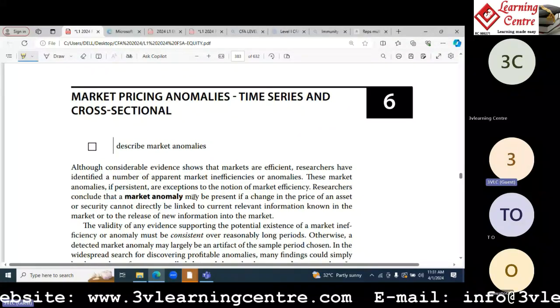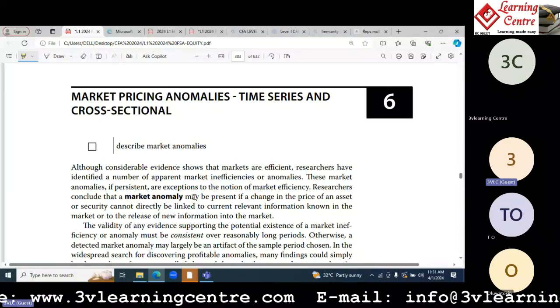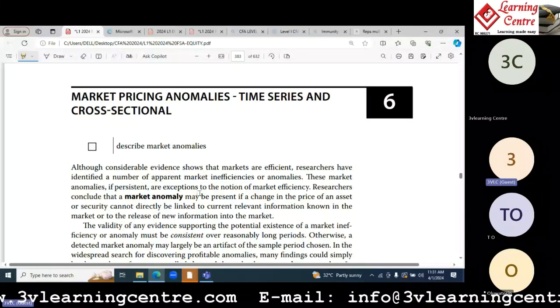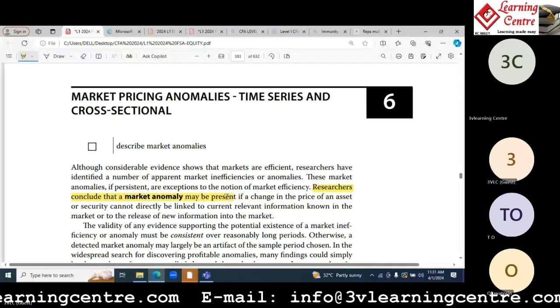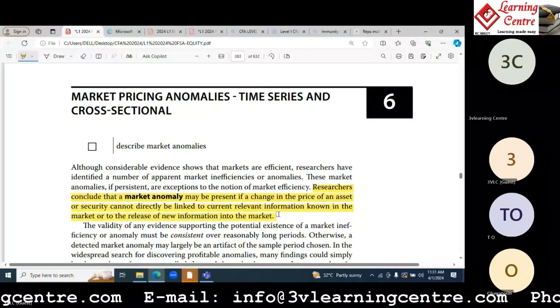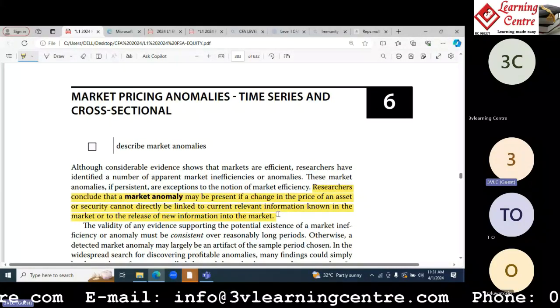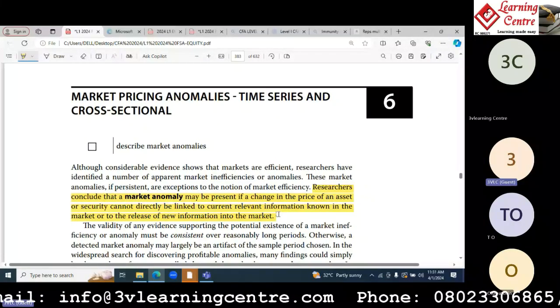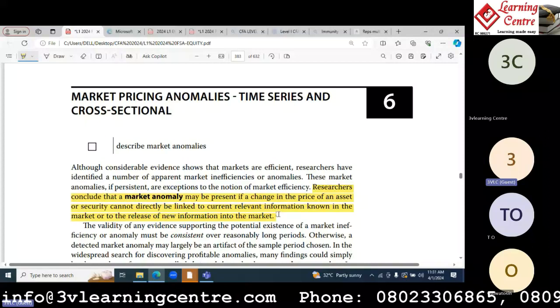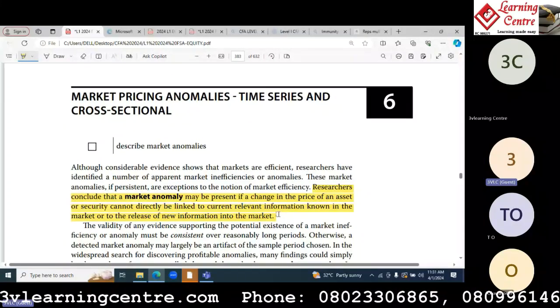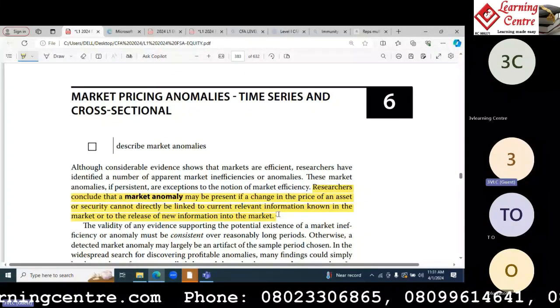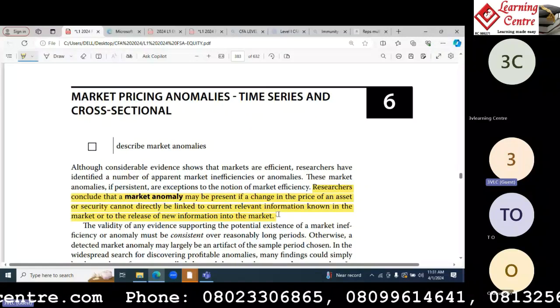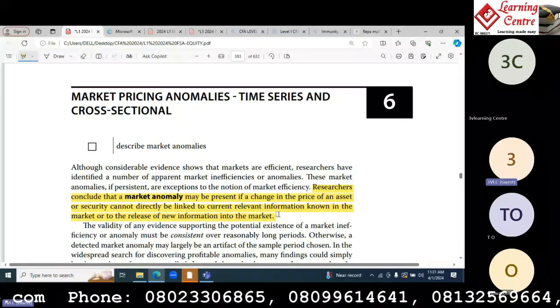Researchers conclude that a market anomaly may be present if a change in price of an asset or security cannot directly be linked to current relevant information known in the market or to the release of a new information into that market. So what are we trying to say?